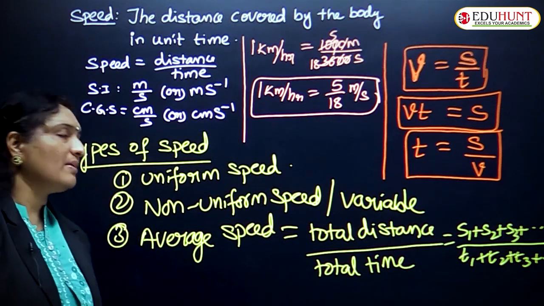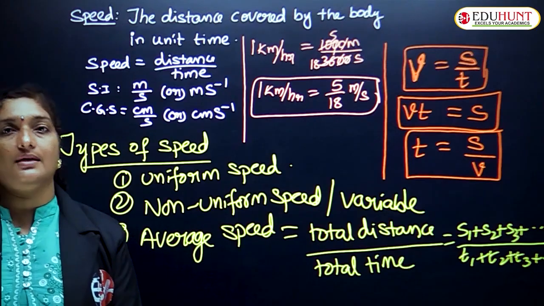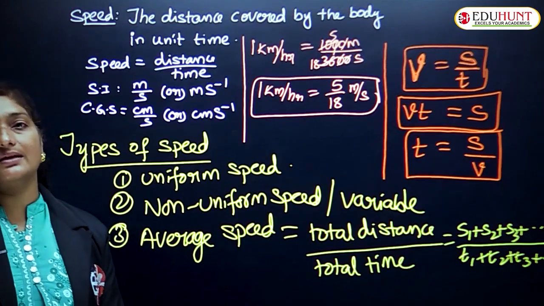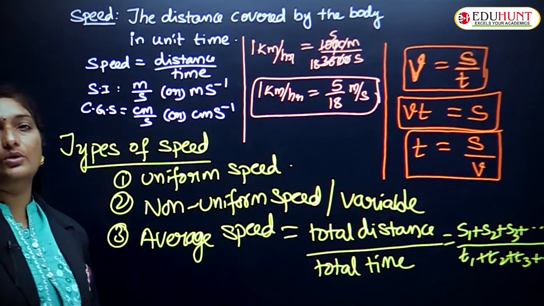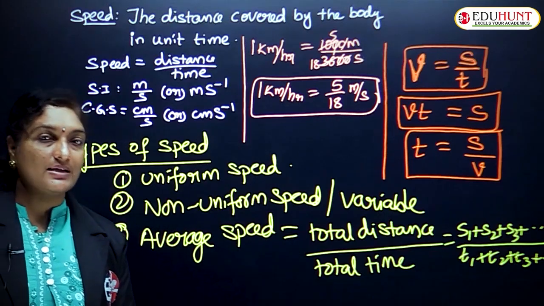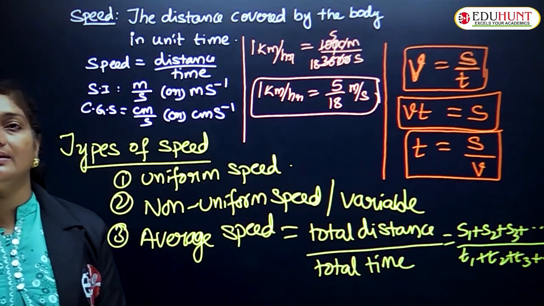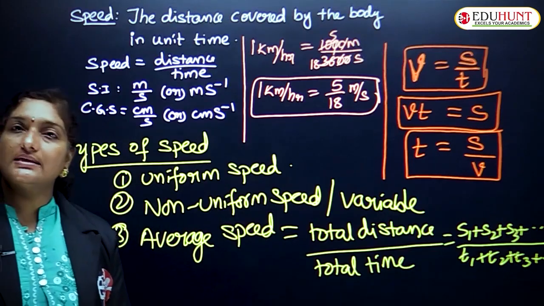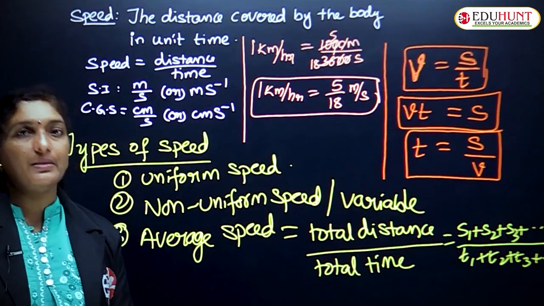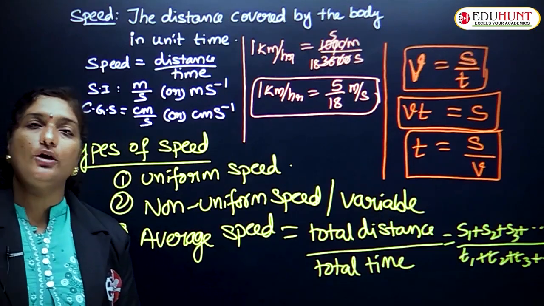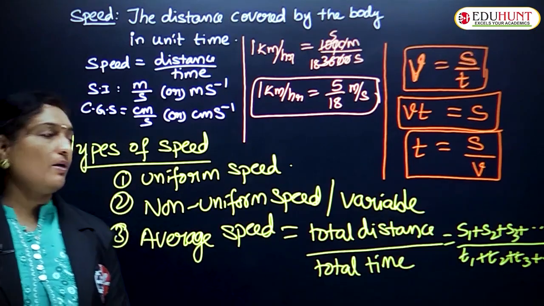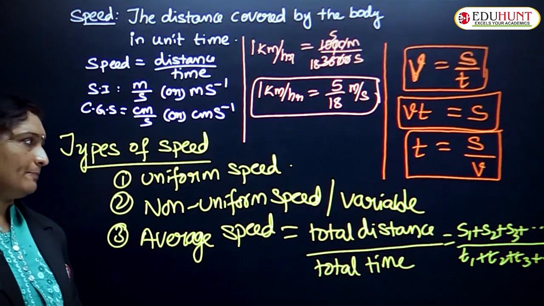What is uniform speed? Whenever a body covers equal distances in equal intervals of time, we say the body has uniform speed. If the same body covers unequal distances in equal intervals of time or equal distances in unequal intervals of time, in both cases it is said to be traveling with non-uniform speed or variable speed.